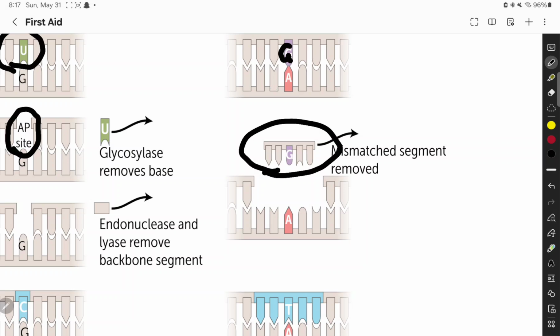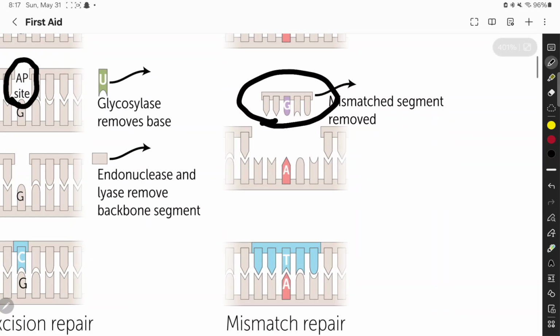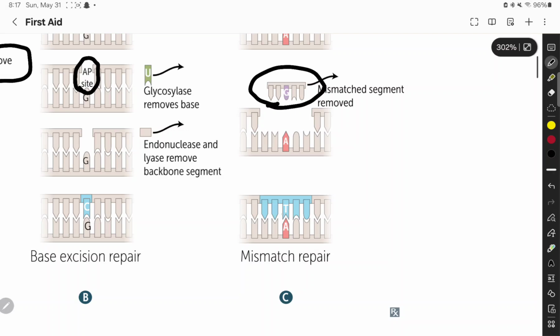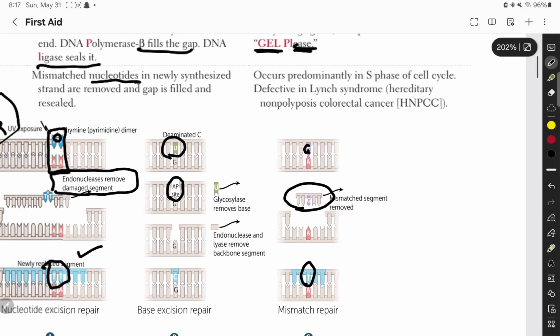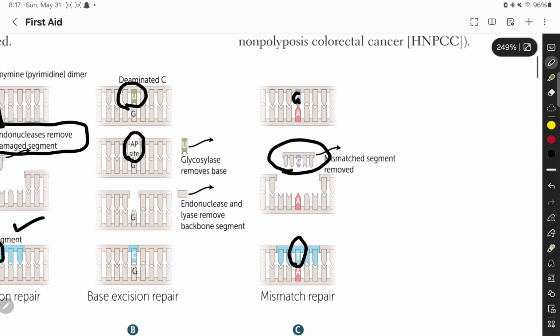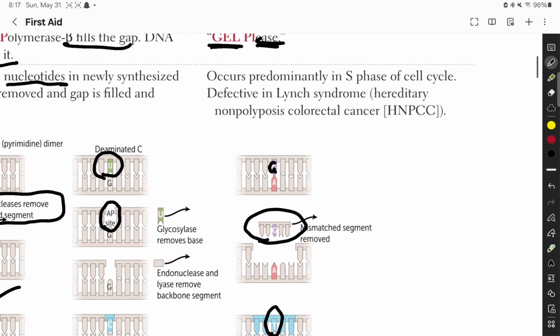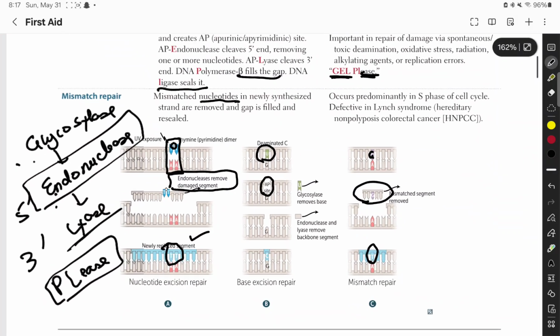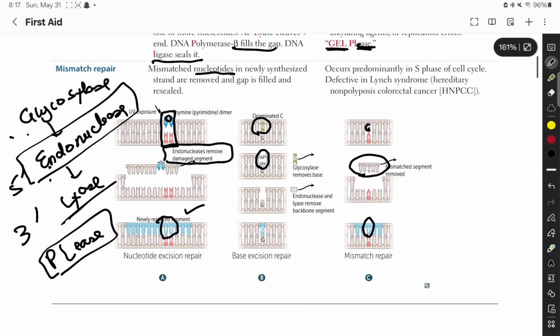So you remove the mismatched segment and replace it with the thymine that is required. This mismatch repair is very important, and it is clinically implicated in the pathogenesis of Lynch syndrome, which is hereditary non-polyposis colorectal cancer. This mismatch repair occurs in S phase.